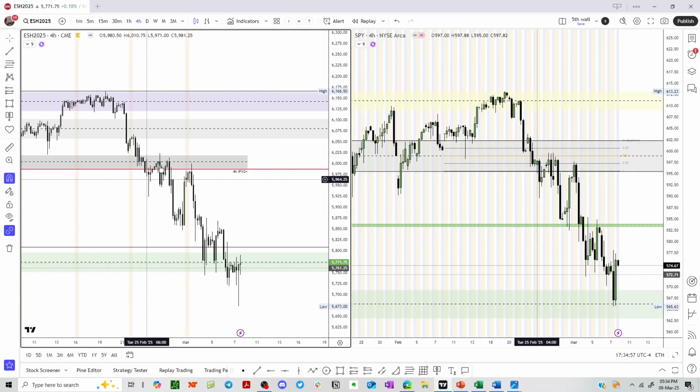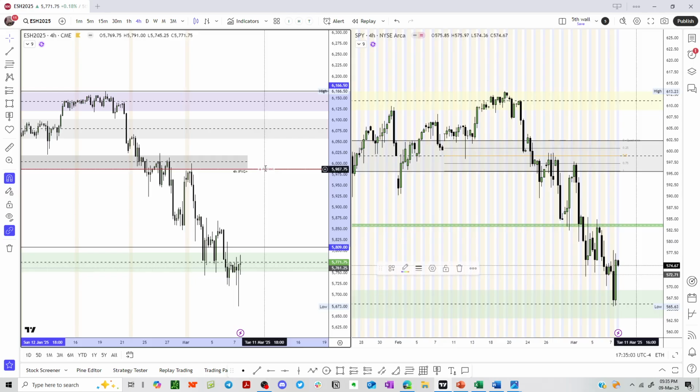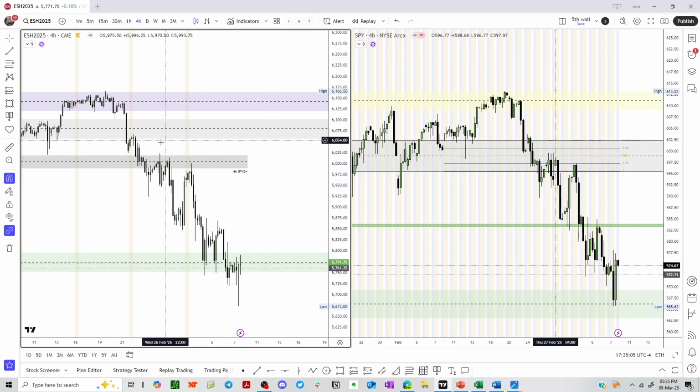So again, let's take this back off. That's the range that we identified. But now on the 4-hour chart, you ask: what's the range that price is currently in? What's the dominant range? What started this down move?